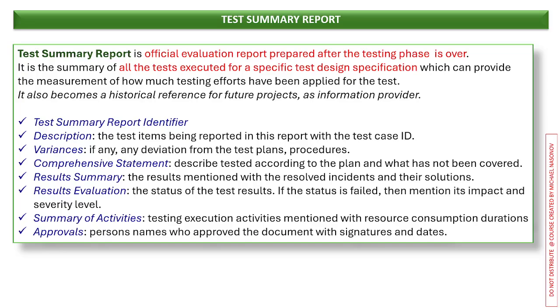Results summary, the results mentioned with the resolved incidents and their solutions. Results evaluation, the status of the test results. If the status is failed, then mention its impact and severity level. Summary of activities: testing execution activities mentioned with resource consumption and durations. And approvals: the names of persons who approve the document, with signatures and dates.